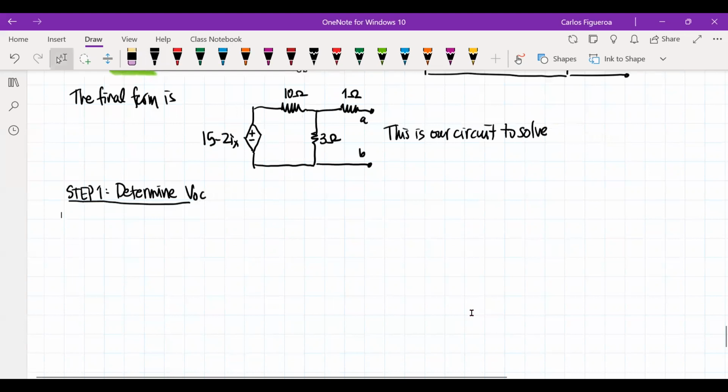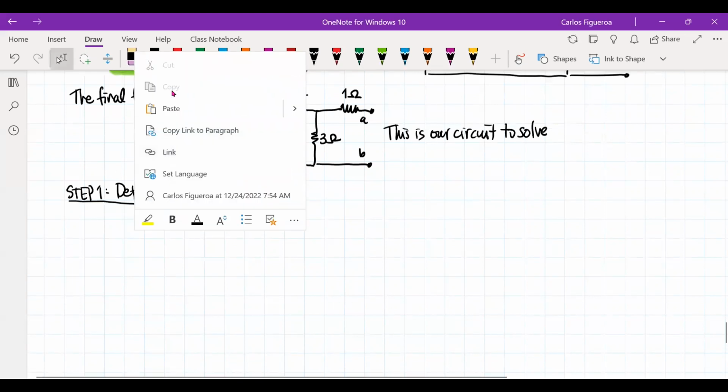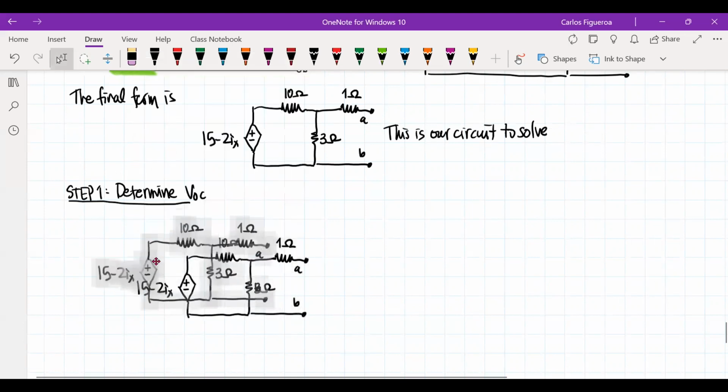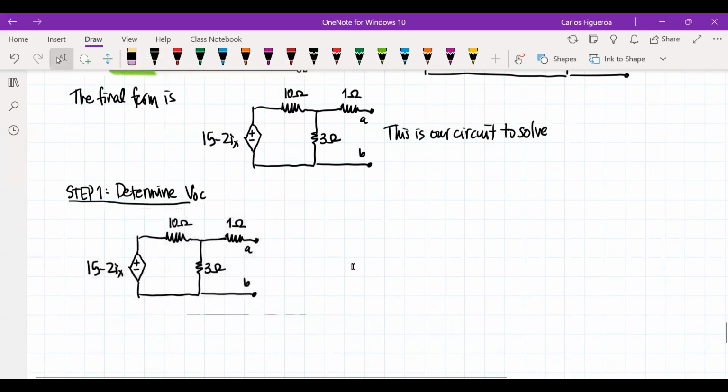So note that if I look at VOC, here's this guy. I'm going to say that this guy right here is my VOC, and you could see that this resistor is a dead resistor since it's in an open.